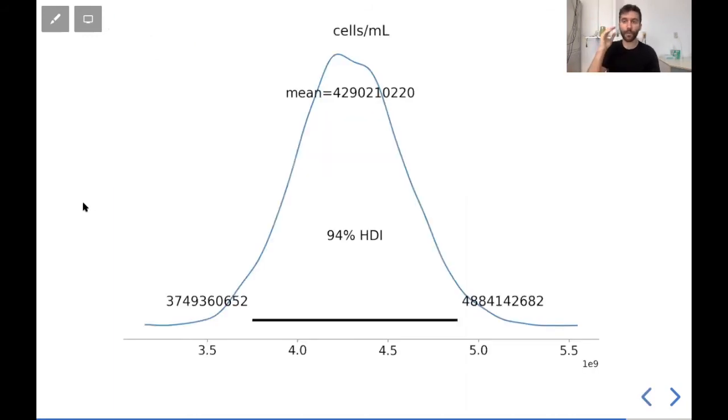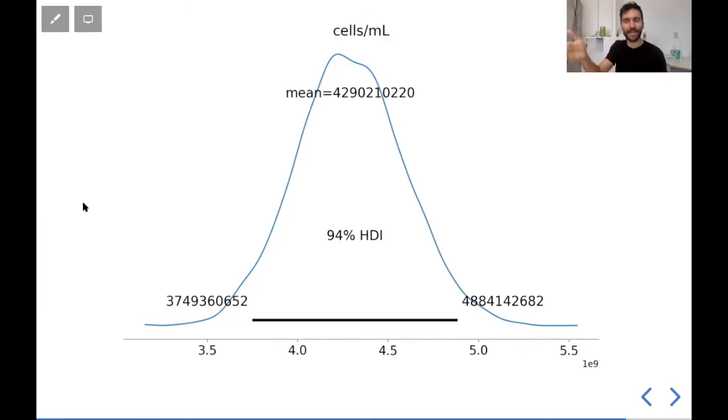So recall that the traditional formula gave us 4.5 billion cells per milliliter. This on average is telling us about 4.3. And I think that's because the influence of the prior pulled it towards 0, versus if we chose a different prior on the original cells per milliliter. But what's really fascinating is look at the uncertainty on this.